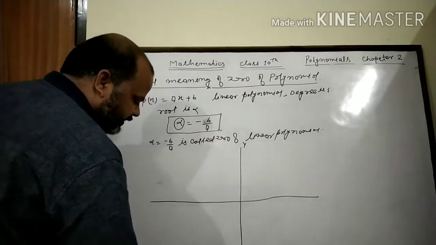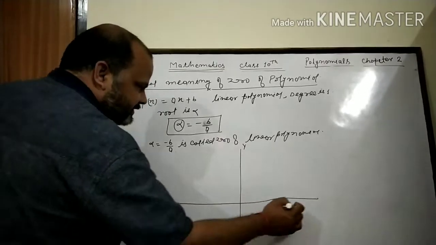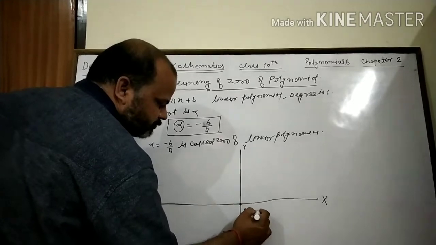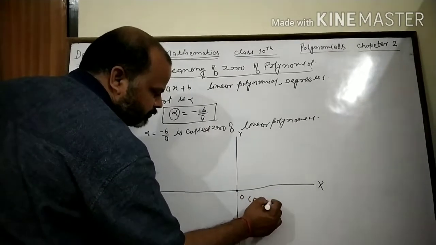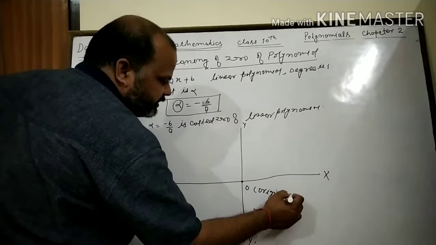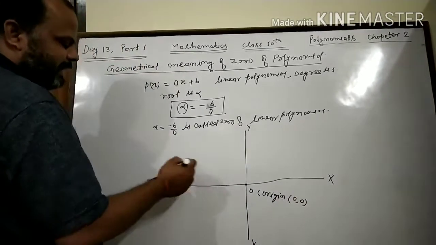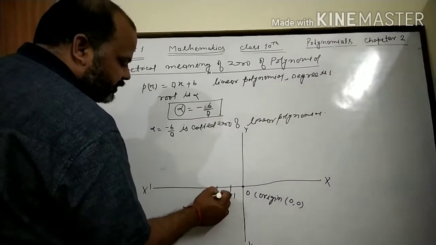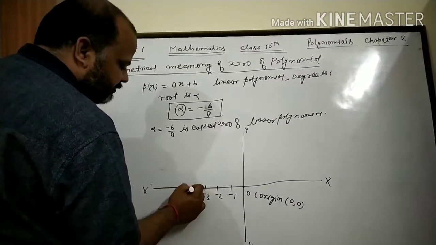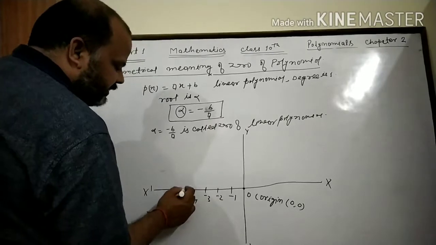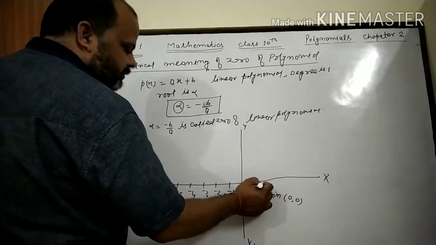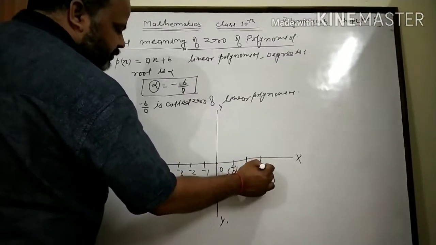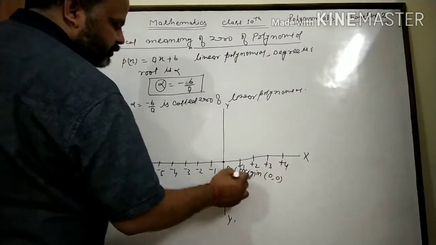Y-axis Y dash, X dash X. It is the origin. You know that the coordinate of the origin is 0, 0. On the x-axis before the origin, all values are negative: minus 1, minus 2, minus 3, minus 4, minus 5, and here plus 1, plus 2, plus 3, plus 4.